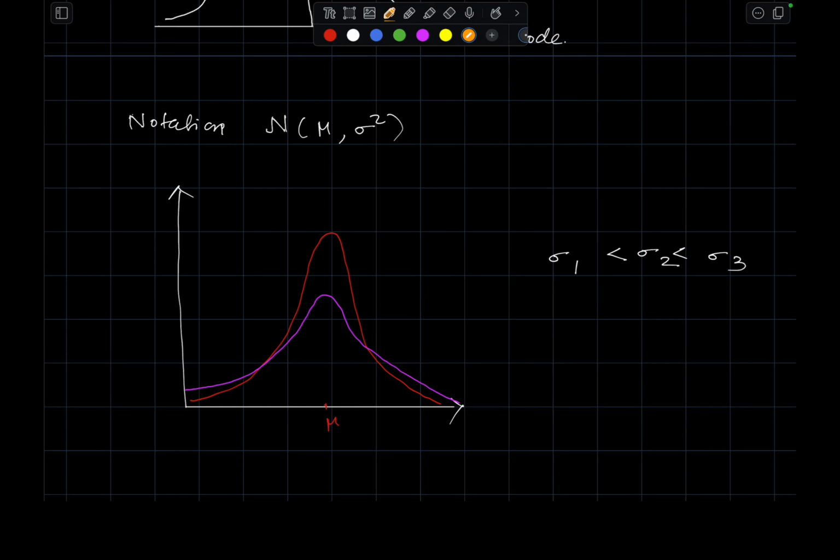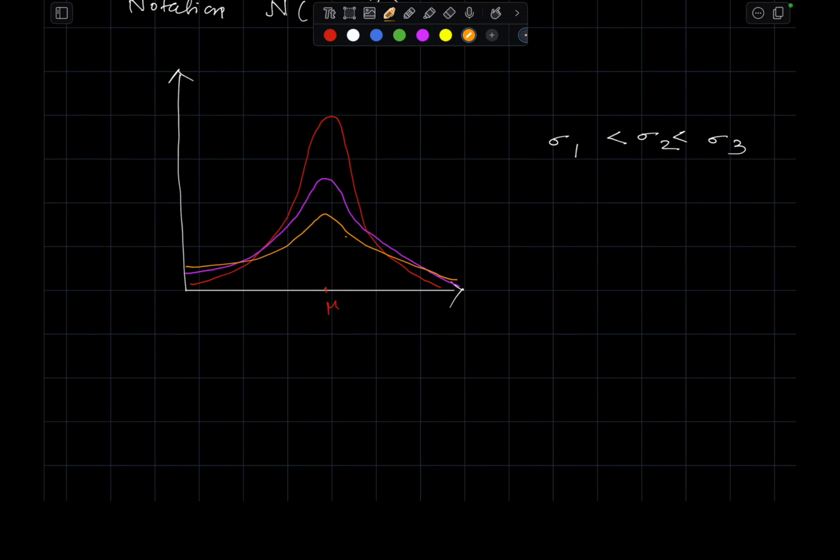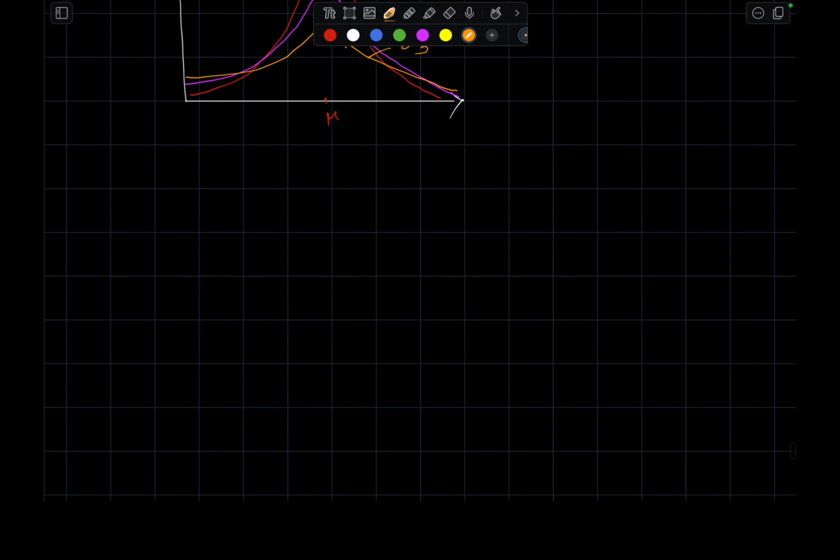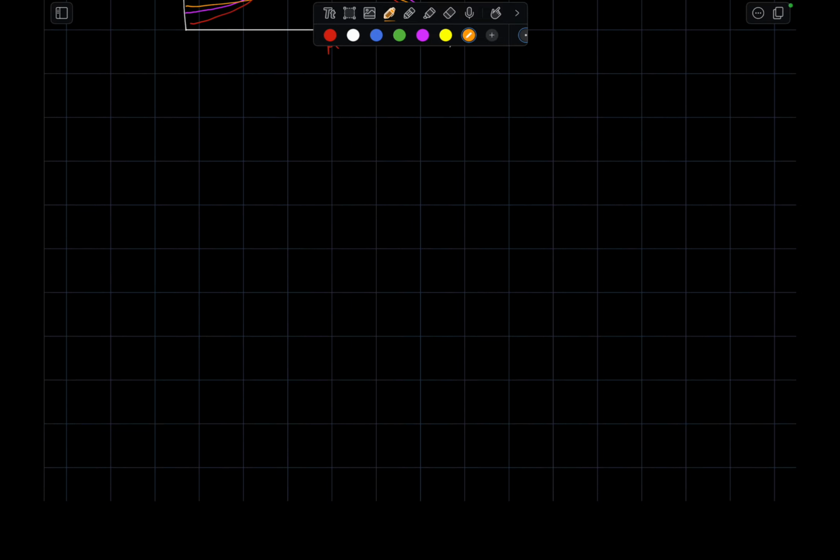And in case of sigma 3, the spread is still more. So this is corresponding to sigma 3, sigma 2, and this is corresponding to sigma 1.